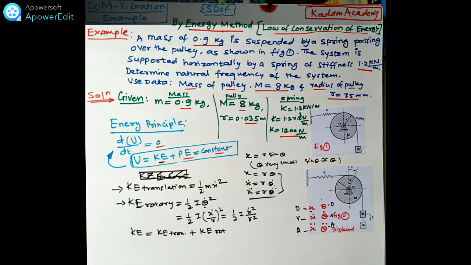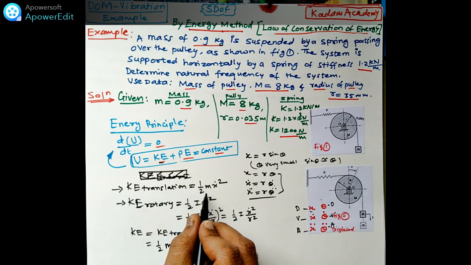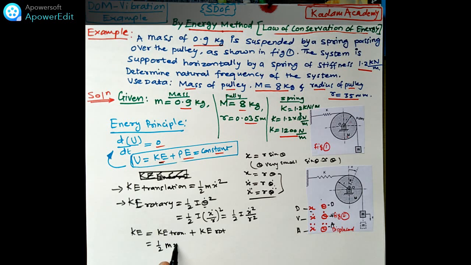This addition of the two will give you the total KE: half m x dot square plus half I x dot square divided by r square.